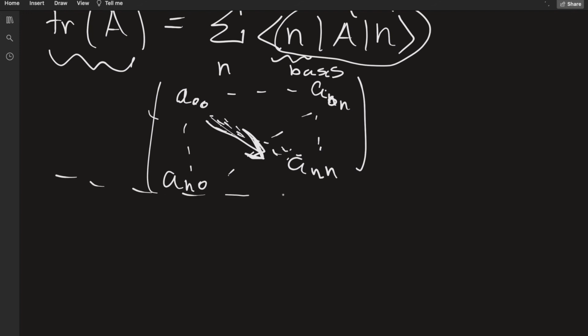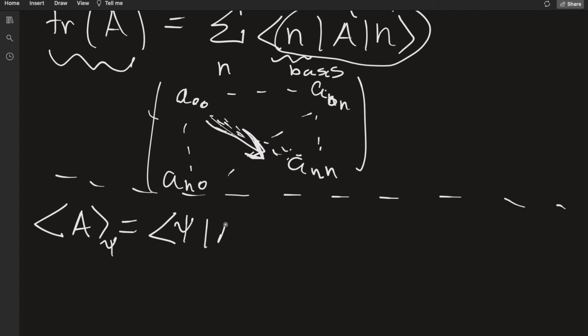Okay, so but why do we do this? Let's note then, this is also the expectation value. Okay, this is also the expectation value of phi, and I have phi A phi. Okay, this is another notation that we use.